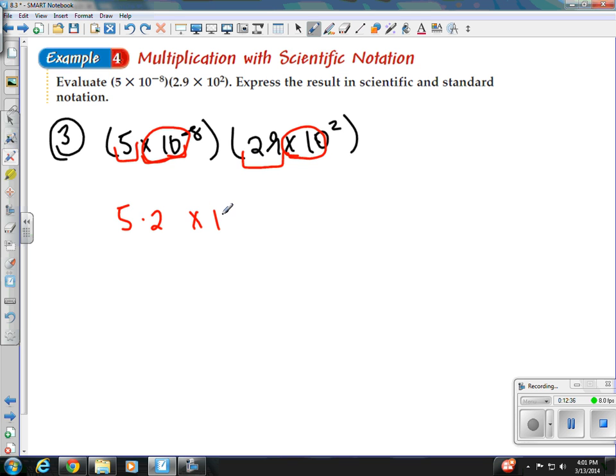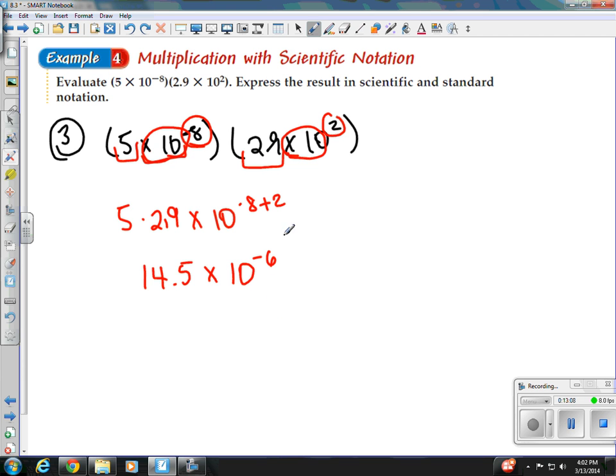So times 10. And then we add his exponent, so negative 8 plus 2. So 5 times 2.9 is 14.5. And then drop down your times 10 because we treat him like the variable. And negative 8 plus 2 is negative 6.